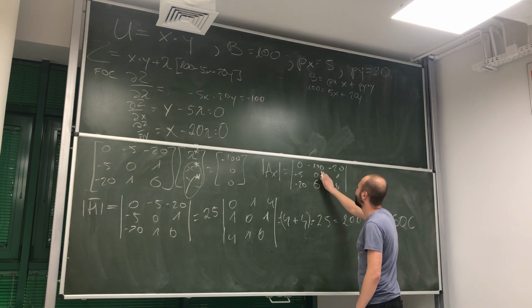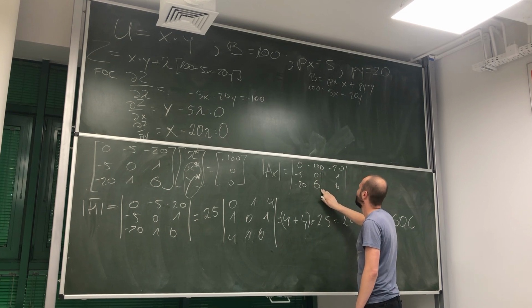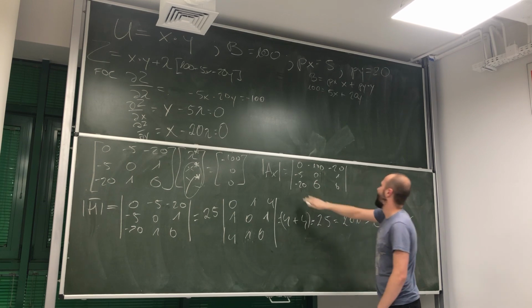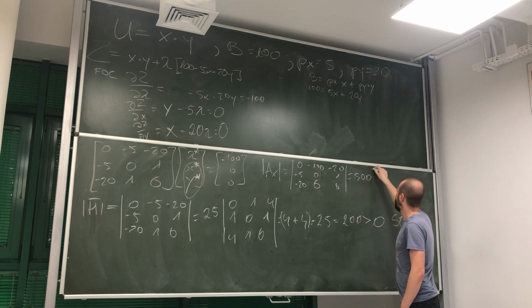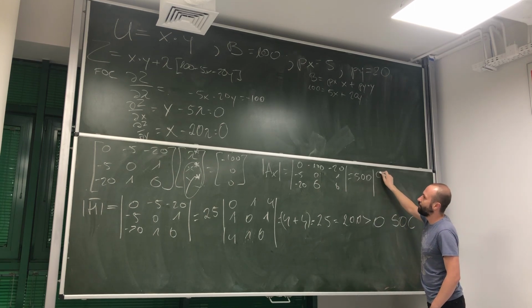I would take negative 100 out of here, and then negative 5 out of here, which gives us 500.